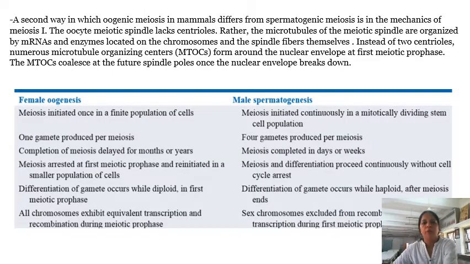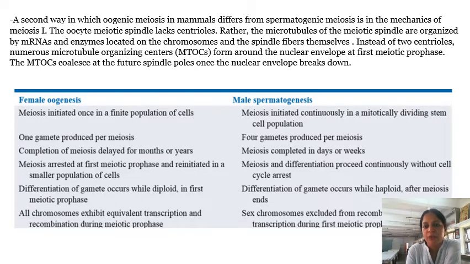Now the second important difference between oogenic meiosis and spermatogenic meiosis is that in spermatogenic meiosis, the spindle is formed by centrioles, whereas in oogenic meiosis, the spindle is formed by microtubules. Why? Because the oogenic meiotic spindle lacks centrioles, because oocytes don't have centrioles.